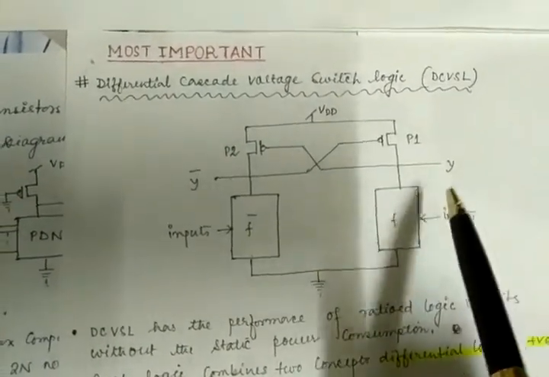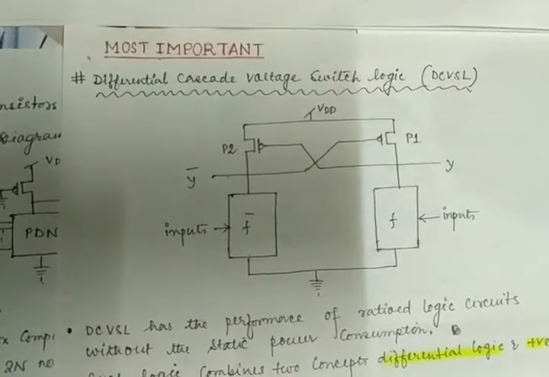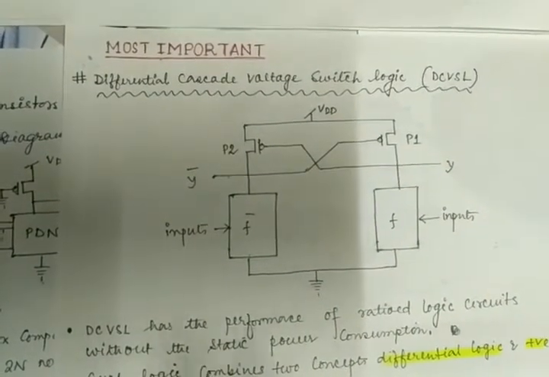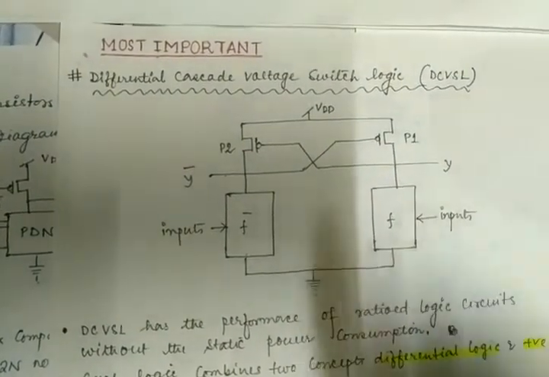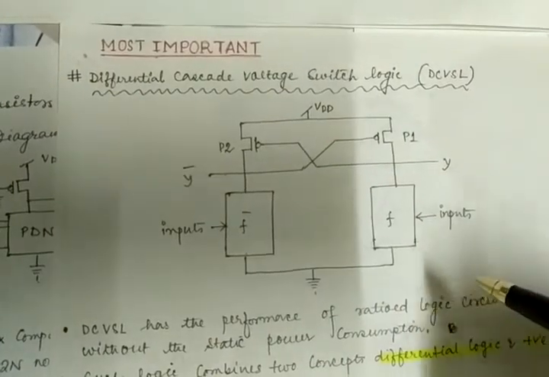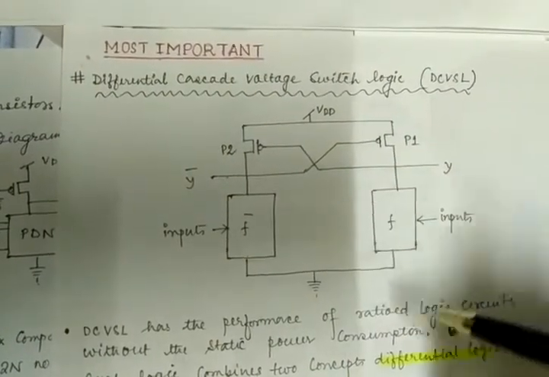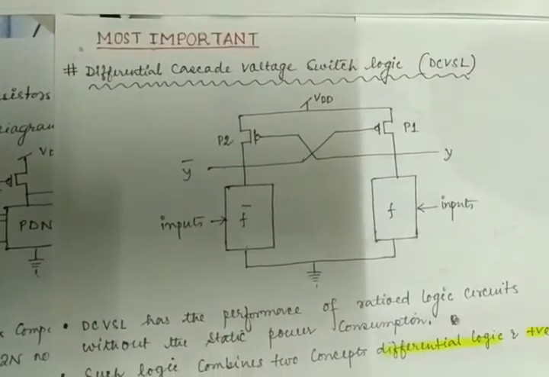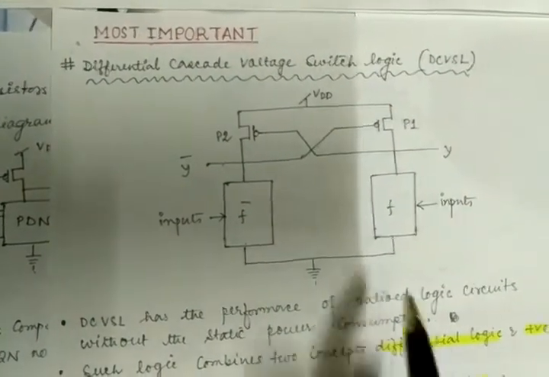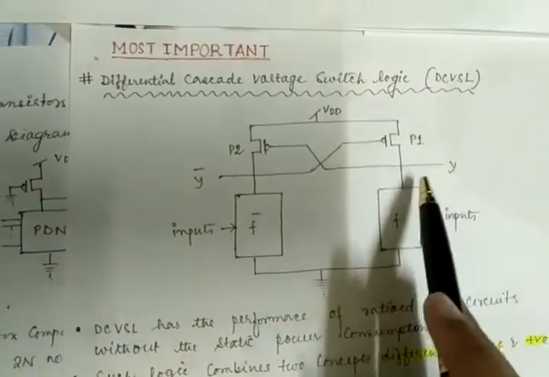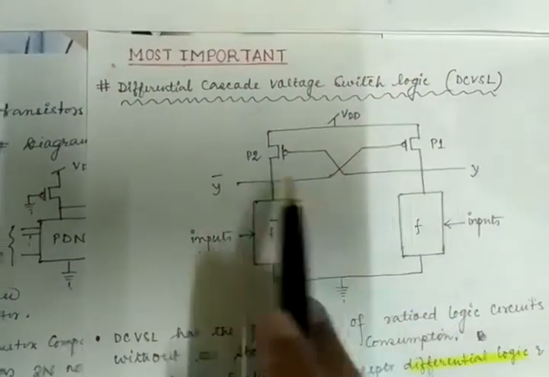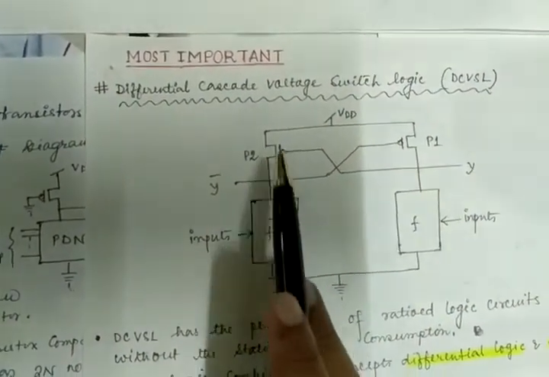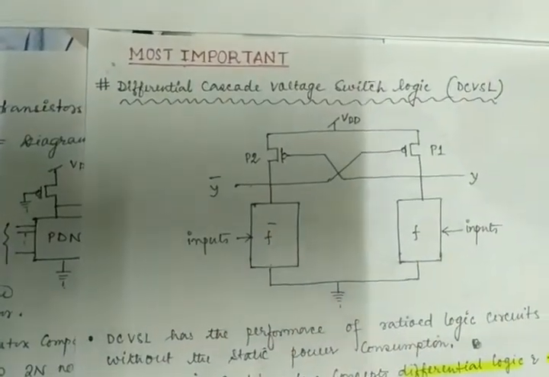And if Y equal to 0, at the beginning I have said that you can apply the normal and complement input, and you can also get the normal and complement output. So if Y equal to 0, along with this feedback, this 0 is fed to the gate terminal of P2, means this PMOS transistor.